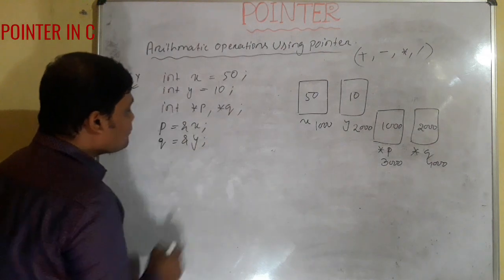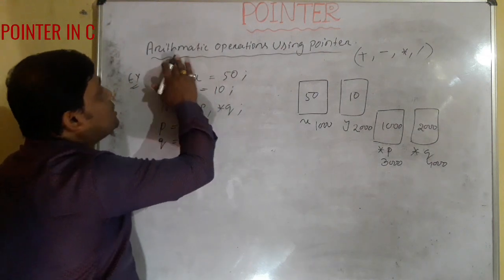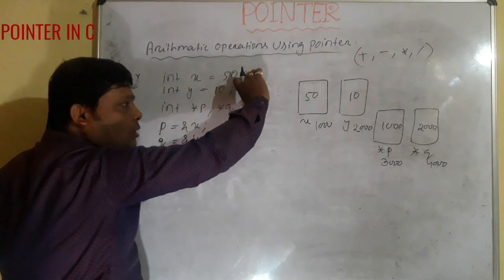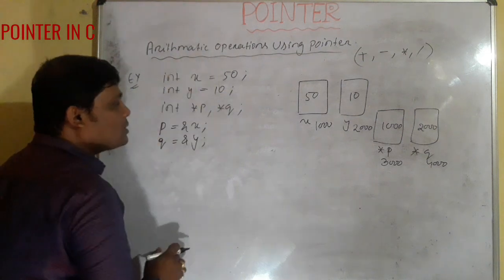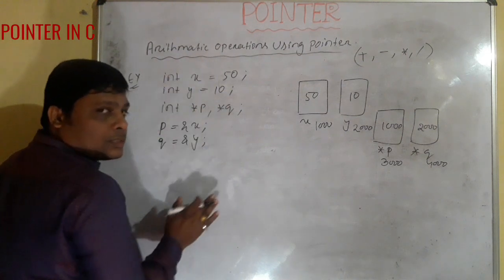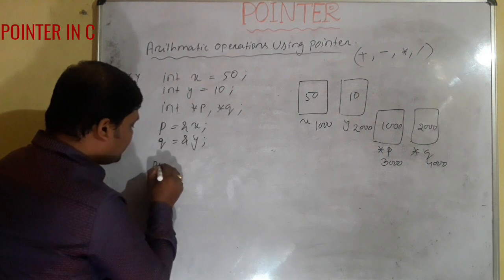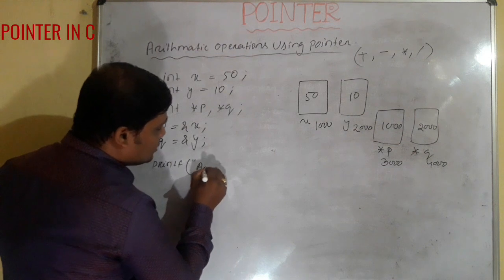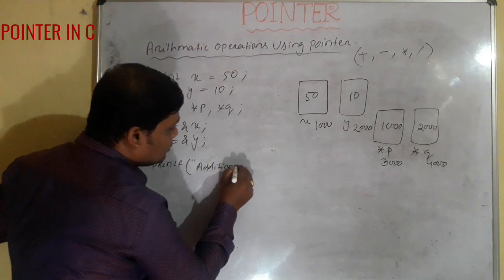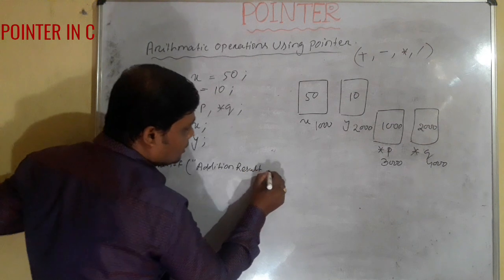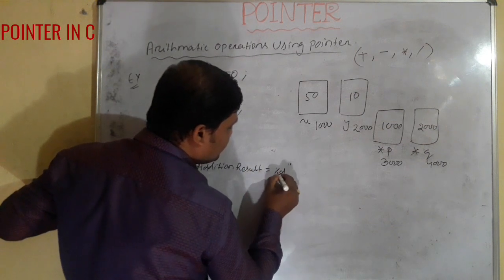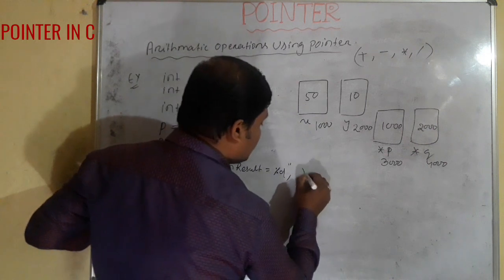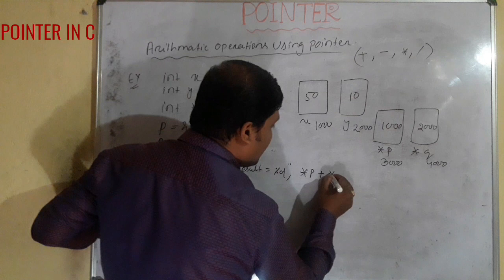Now come to this. How do we do the arithmetic operation using pointer? That means we will add these two integer variables through these pointers. So you can write printf addition result equal to percent d, comma, star p plus star q.